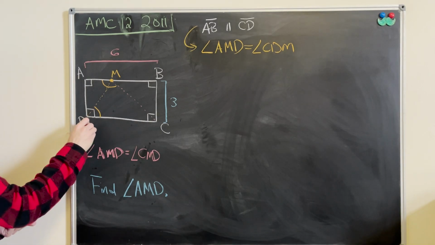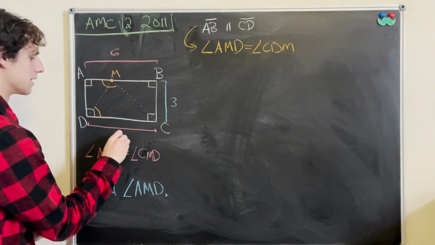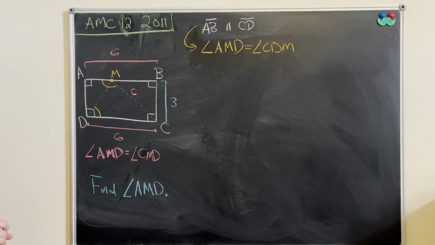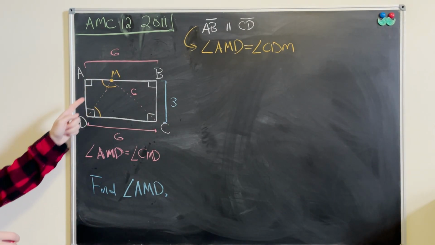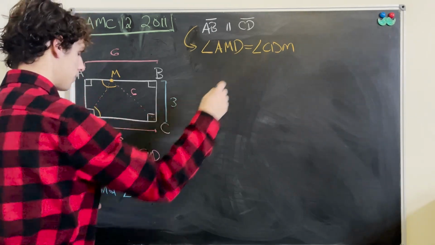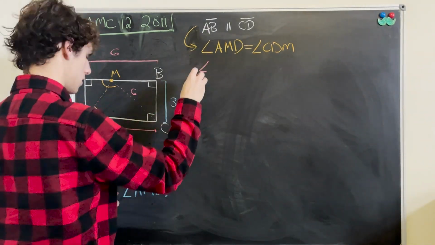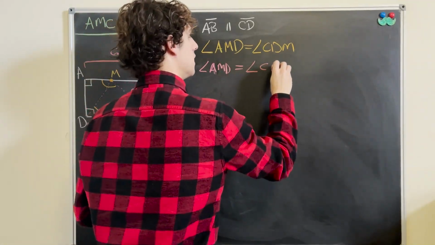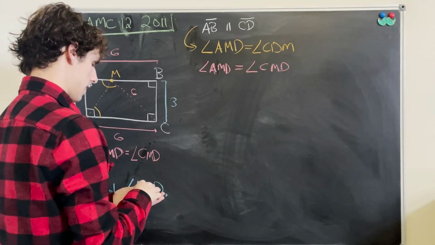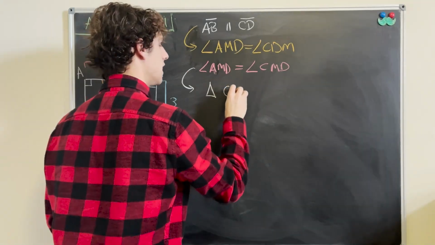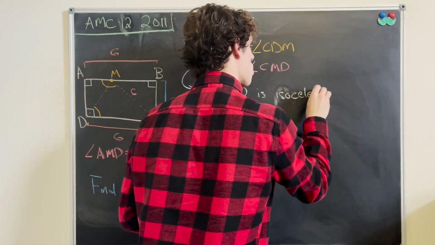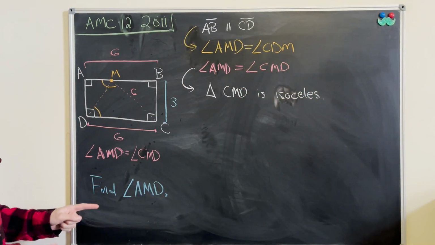And because this bottom side, CD, is length 6, that means MC is also of length 6 because it's opposite this angle CDM that we marked up here. So using our given statement, which is that angle AMD is equal to angle CMD, we know that triangle CMD is isosceles. So now we're ready to solve for this angle AMD.